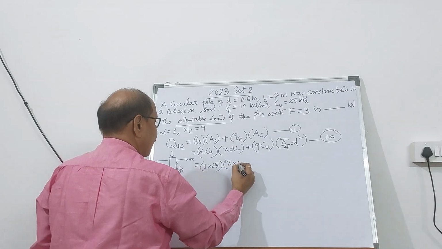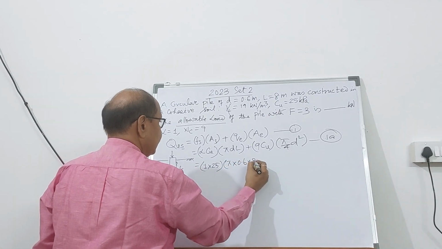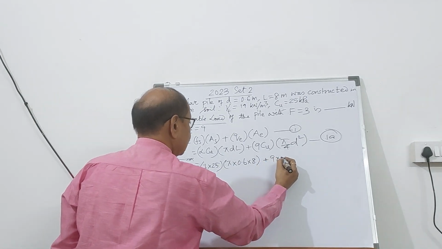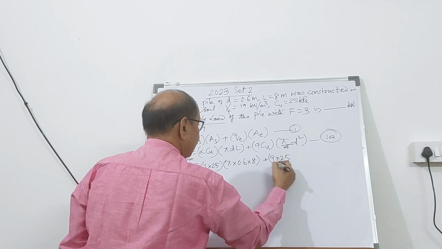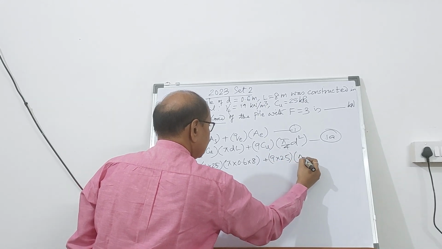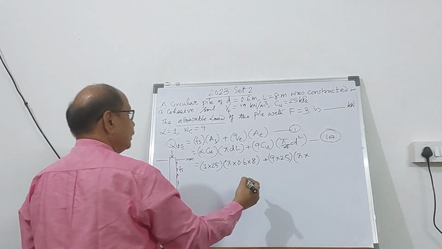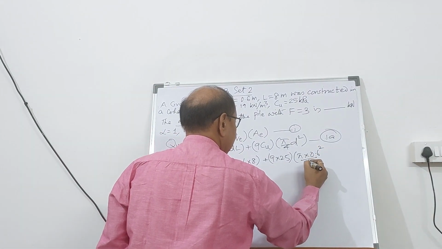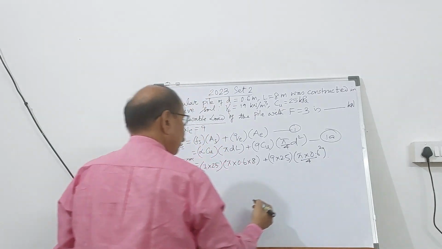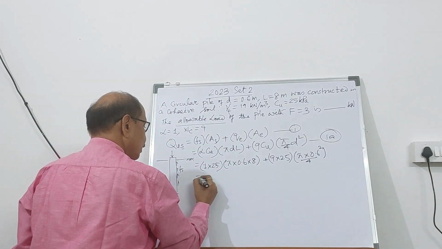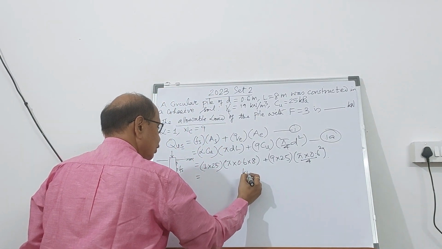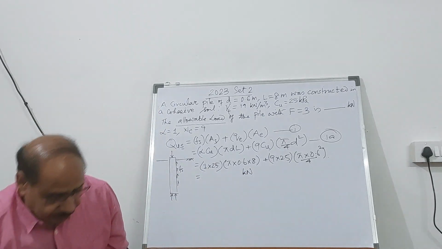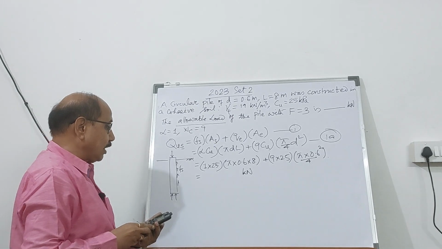The diameter of the pile and the length are also known to us. So the problem is very simple. Pi and the diameter whole square divided by 4. If you calculate it, this will give you the ultimate load in kilonewton, and then the factor of safety is given. Therefore, it will be very simple to calculate.